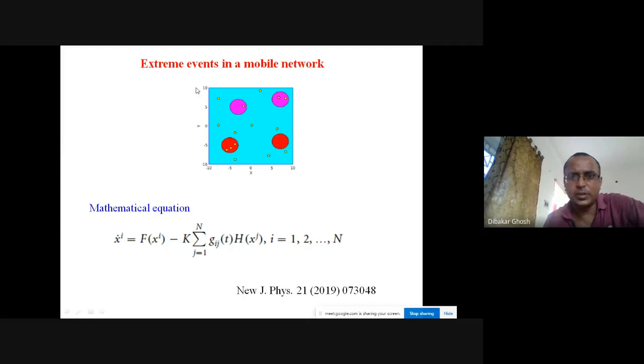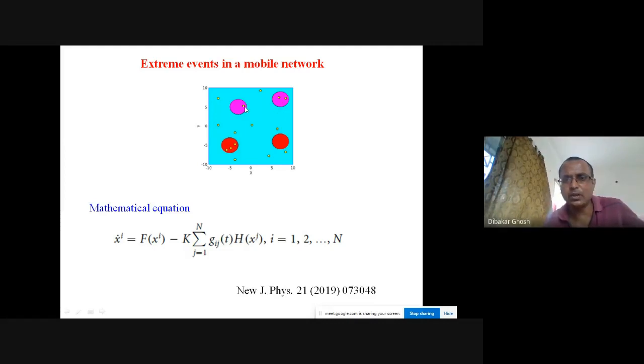Recently, we have observed XT events in a mobile network. That is a network of random variables, a time-varying network where the nodes are moving in some physical space. In this schematic diagram, we have fixed some physical space. If the agent randomly moves and falls into this region, then these three regions are interacting.